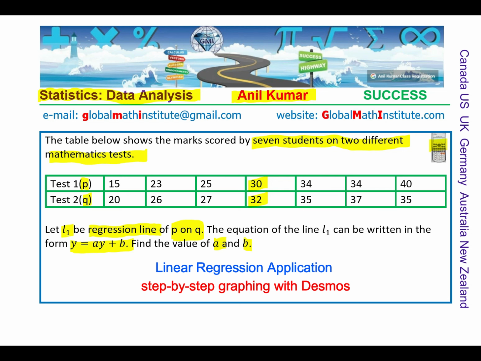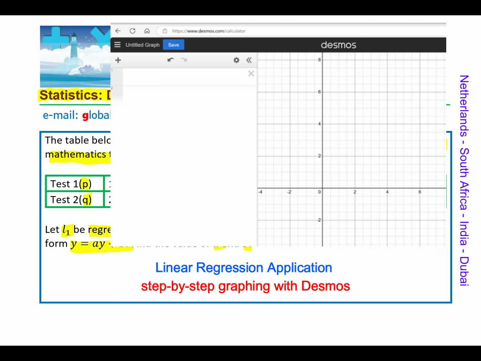So now let's see. On the other screen, I'm opening up Desmos. As you can see, this is the screen of Desmos, and there we need to create the table. Let us see in detail what steps are followed to get the result.